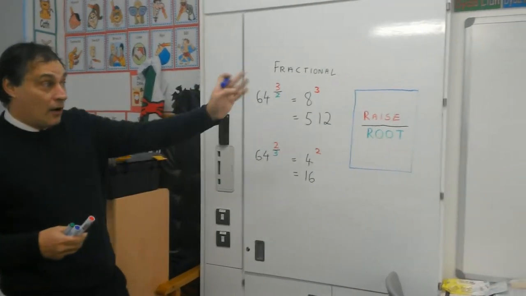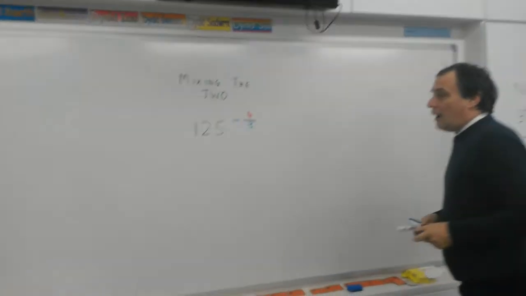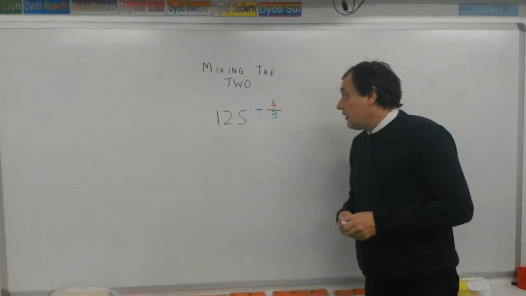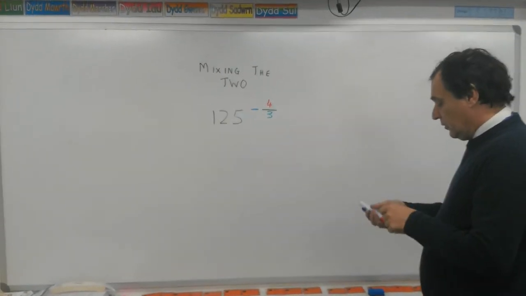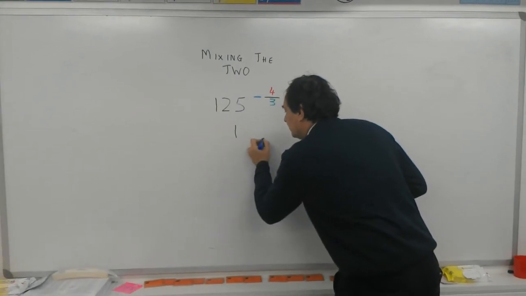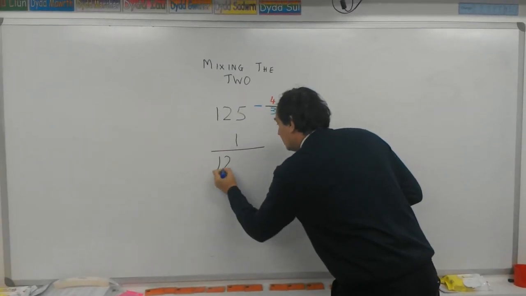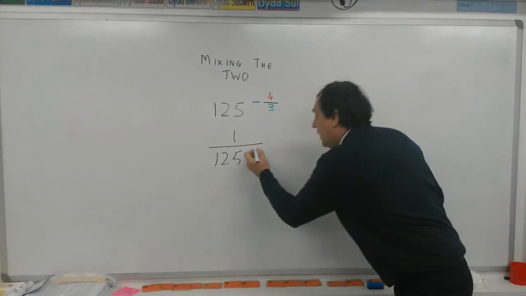What we're going to do now, as a final one, is mix the two. So I've now got 125 to the minus 4 over 3. The first thing I'm going to do is turn it upside down, and if you notice, the blue sign will now disappear.